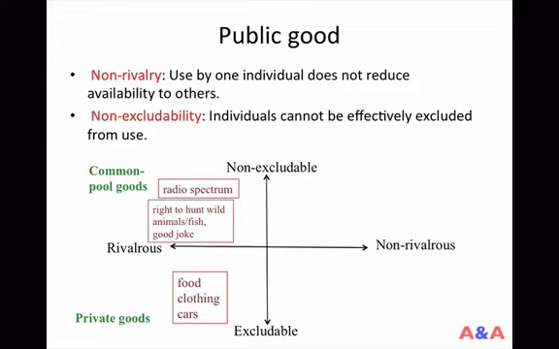If someone uses a joke, then you can no longer use it because it's no longer funny. So it is rivalrous, and it is non-excludable. You cannot say, hey, this is my joke, don't use it. That's impossible. Such goods that are rivalrous and non-excludable are called common pool goods.